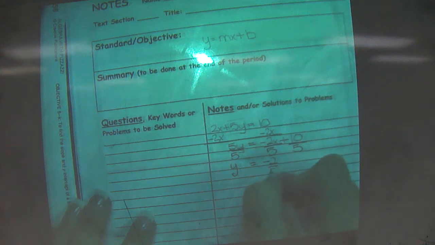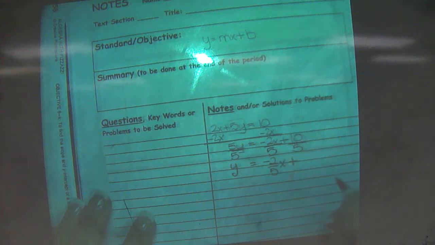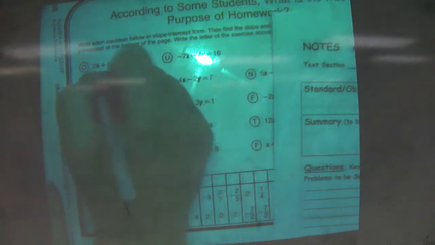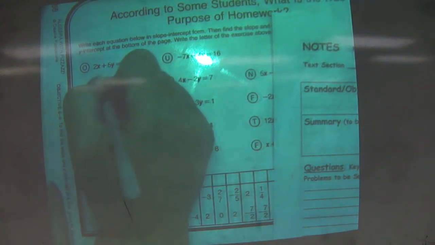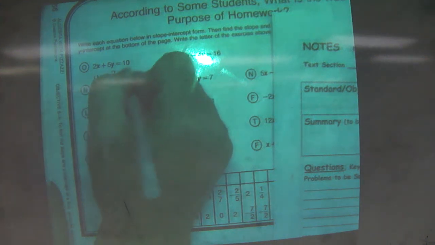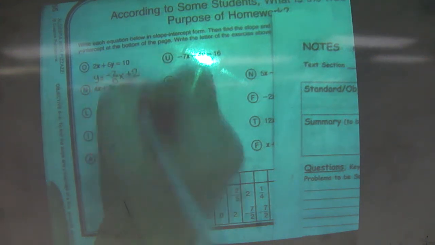Okay? So now I have y equals negative 2/5 x plus, what's 10 divided by 5? 2. So this first problem becomes y equals negative 2/5 x plus 2.